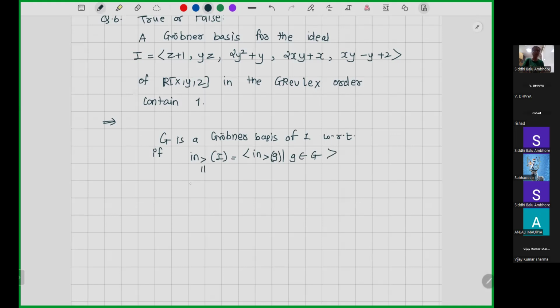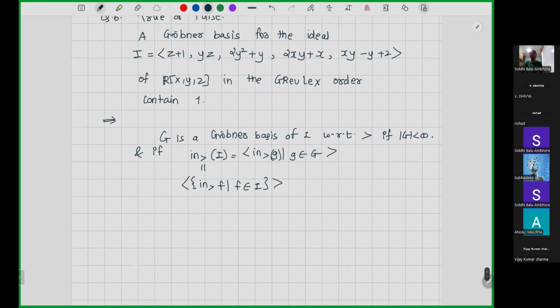And this is different from the ideal generated by the initial terms of F, F in I. These two are different sets, okay? Any cases whether 1 is there or not?